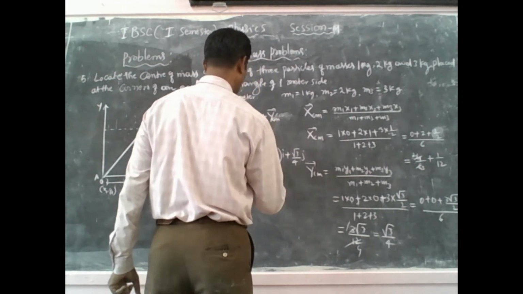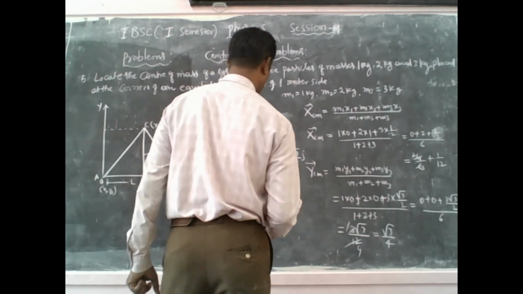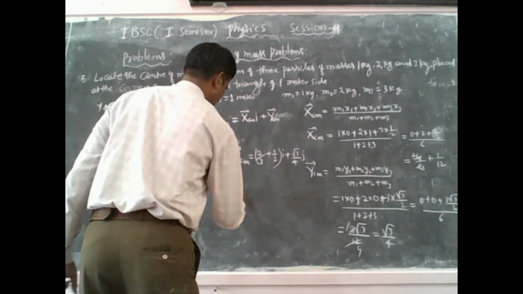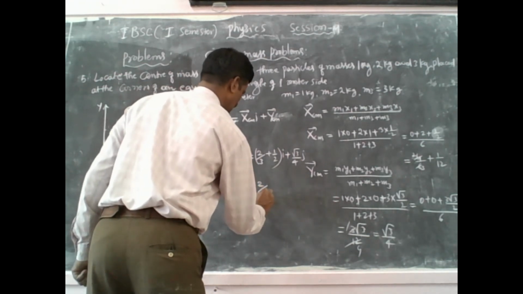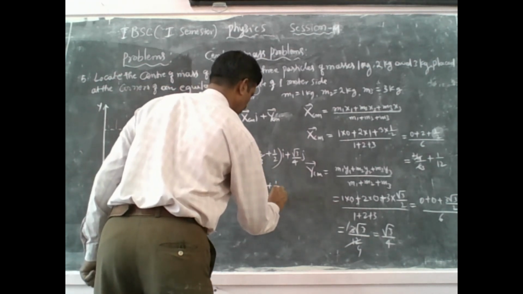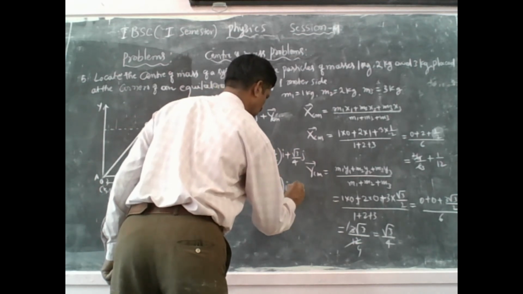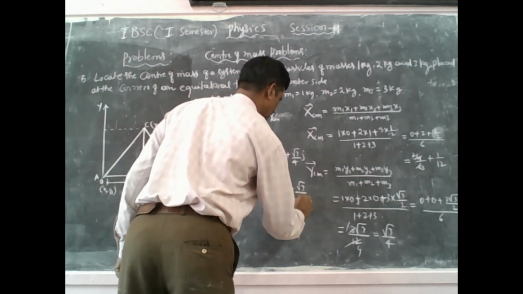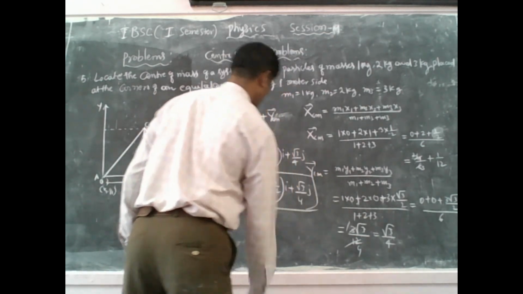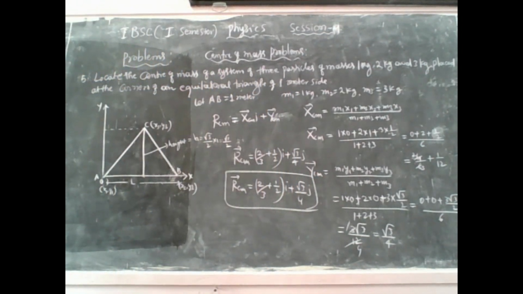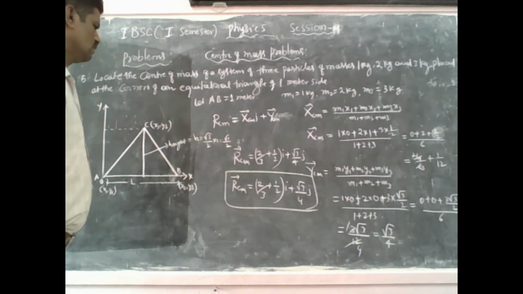So this is the coordinates of the center of mass. RCM equals 2 by 3 plus 1 by 2 I plus root 3 by 4 J, isn't it?